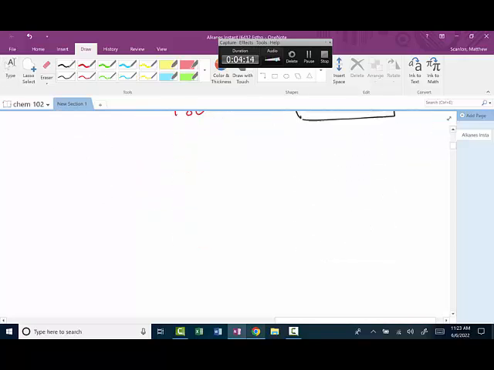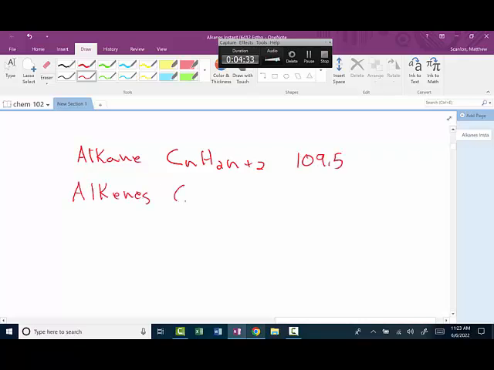So recap: alkanes are CnH2n+2, and bond angles are 109.5. Alkenes are CnH2n. Bond angles are 120 about the double-bonded carbons.